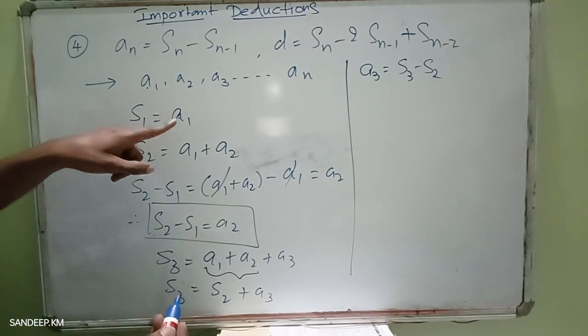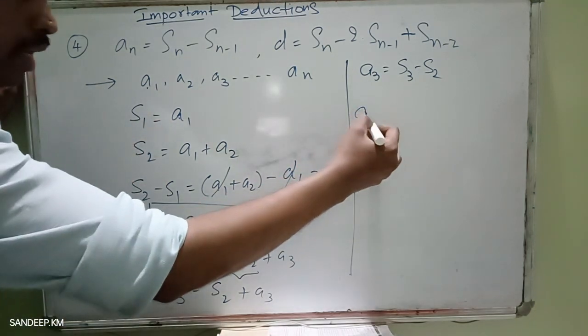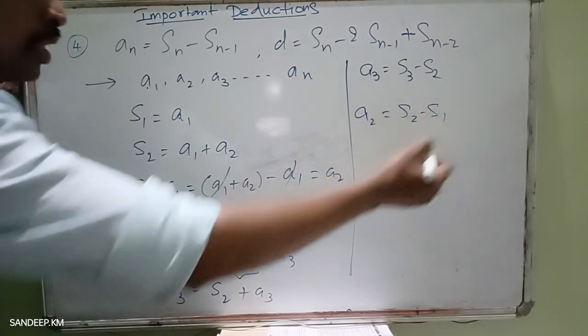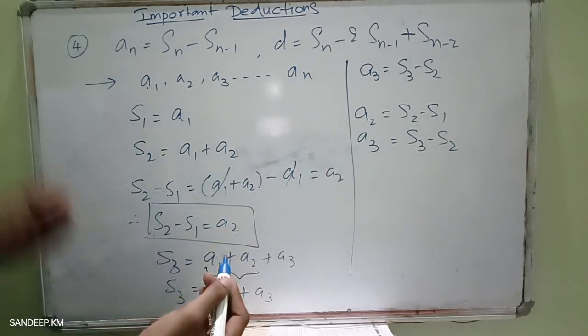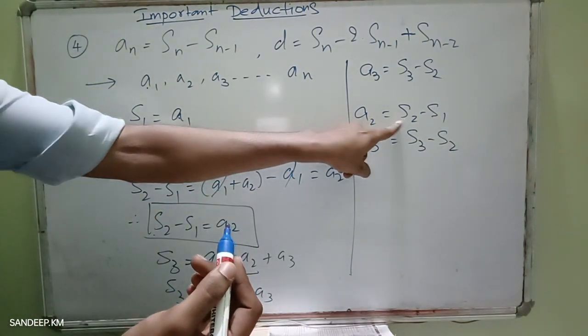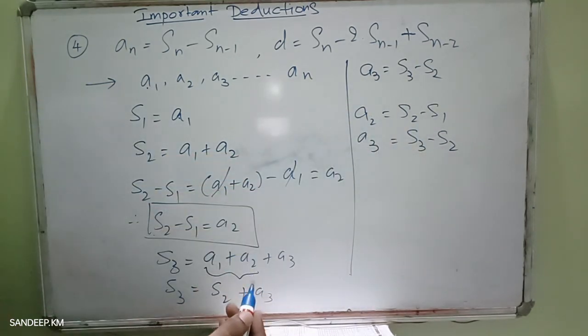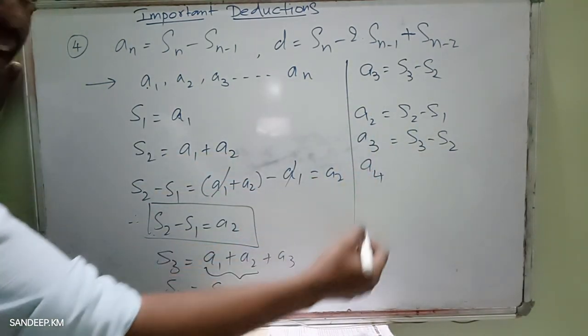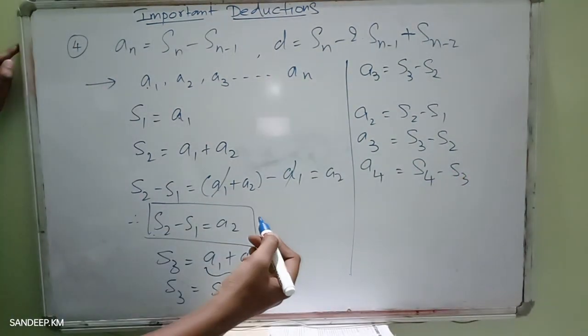Now please observe, A1 means S1. Fine. I got that A2 is equal to S2 minus S1 and A3 is equal to S3 minus S2. A2 means S2 minus S1. A3 means S3 minus its previous S2. So then what is A4? We can easily say A4 is S4 minus its previous S3.